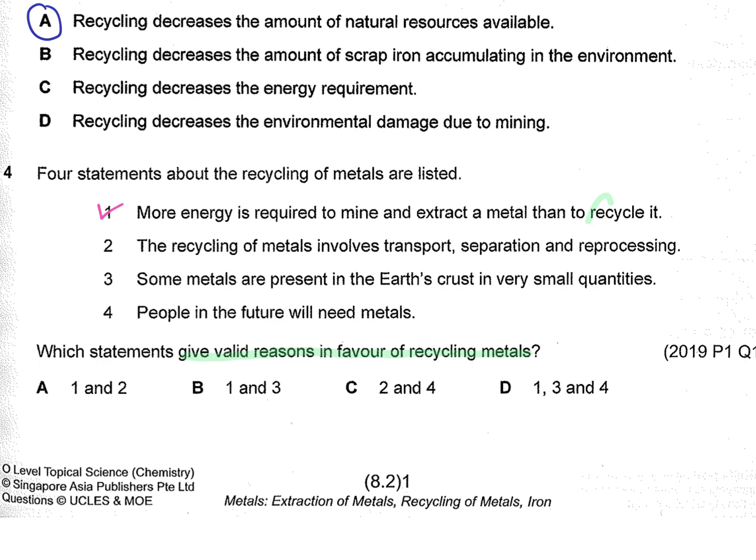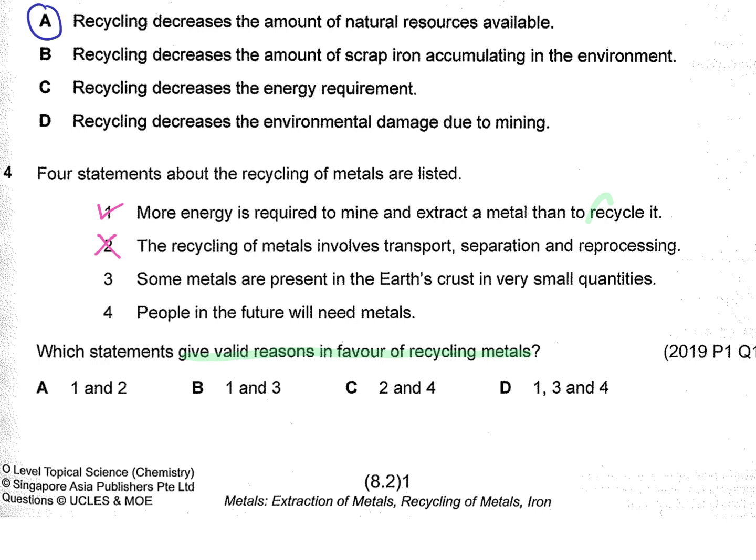Okay, but you realize that this entire process involves a lot of cost and manpower. Therefore, this is a reason why recycling at times is not favorable. Therefore, your answer cannot include statement 2.